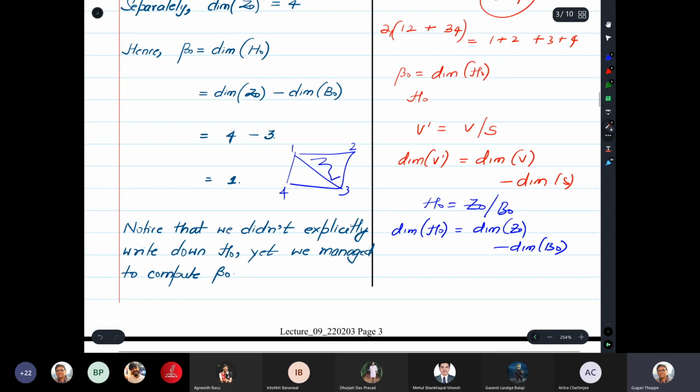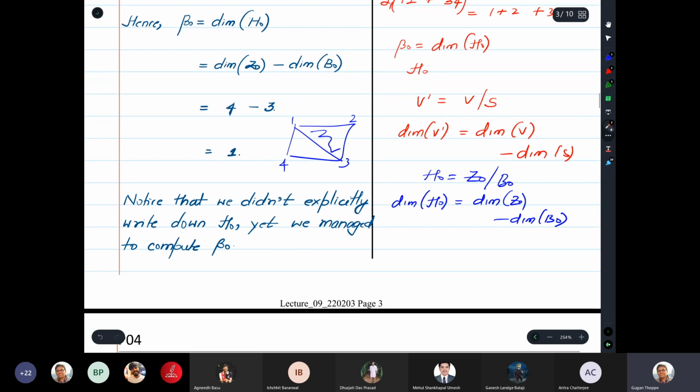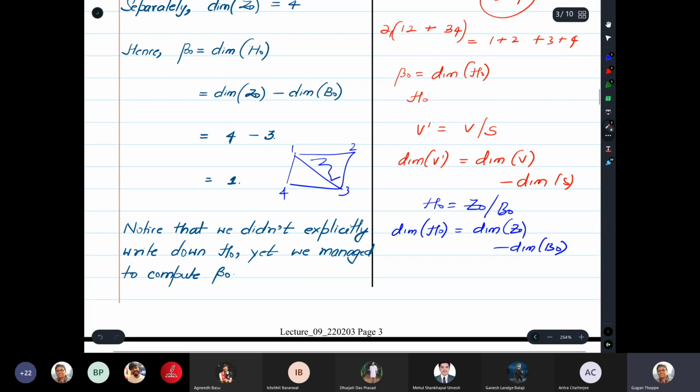As part of this exercise, what I want you to appreciate is that we didn't explicitly write down what H0 is, and we didn't explicitly come up with a basis for H0. Instead, we figured out what Z0 is, what B0 is, and we used their dimensions directly to compute beta 0, the zeroth Betti number. So let me pause here for a couple of seconds.